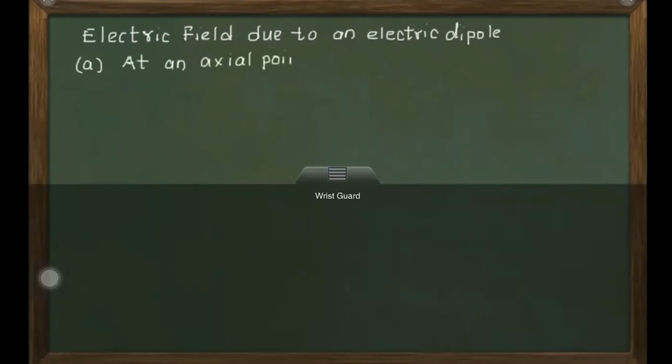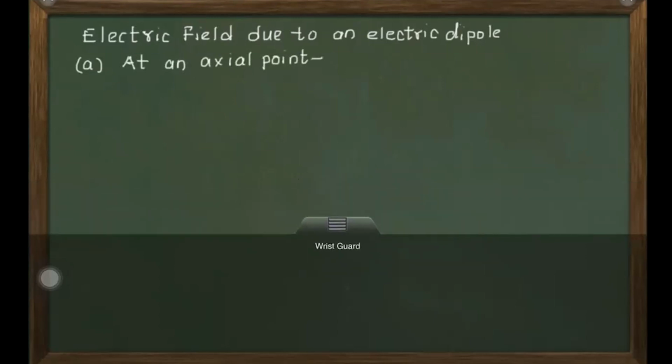At first we define what an axial point is, and then we will derive the expression for the electric field of the electric dipole.